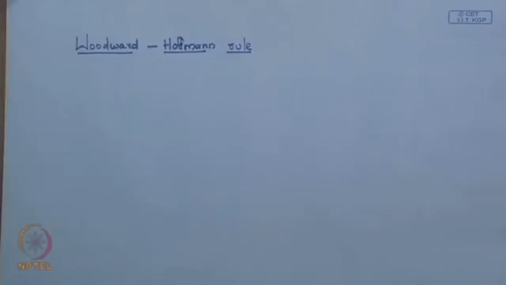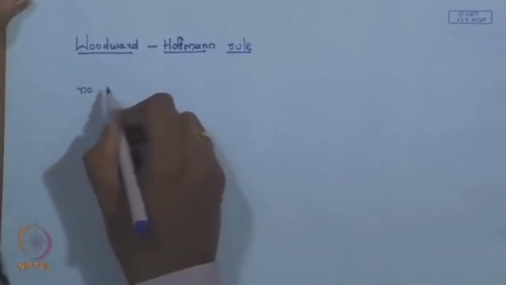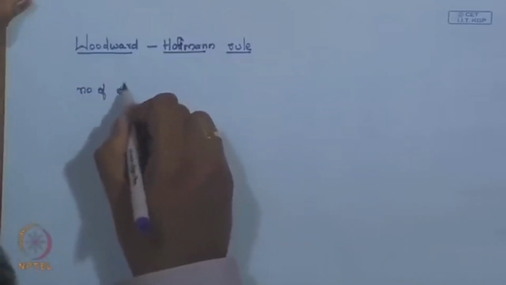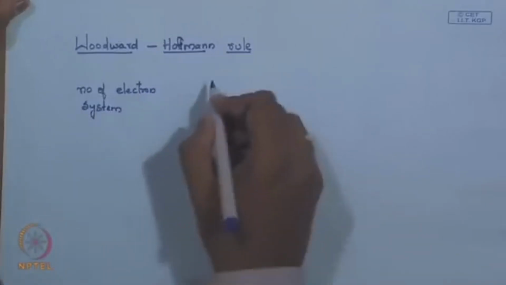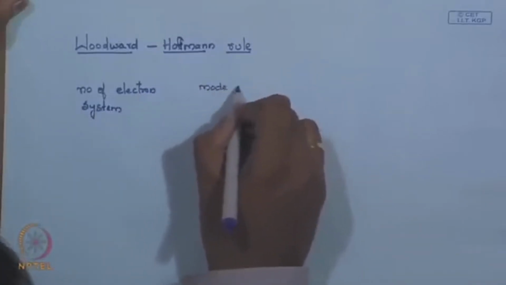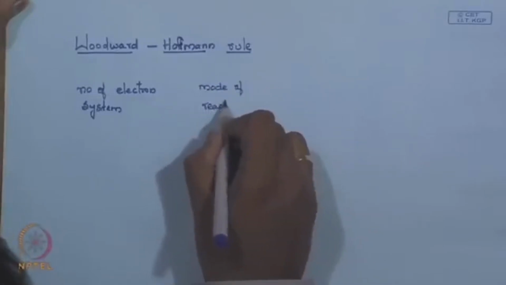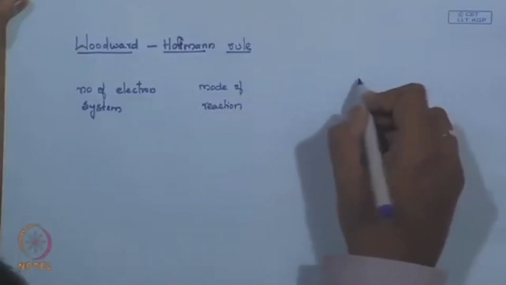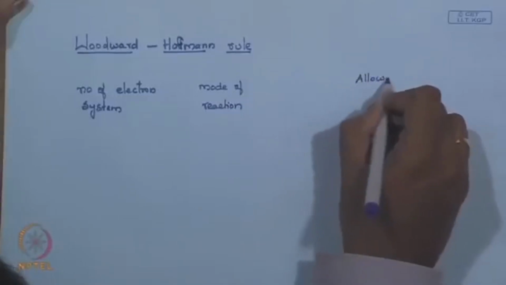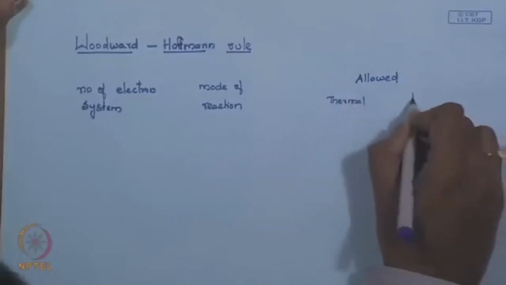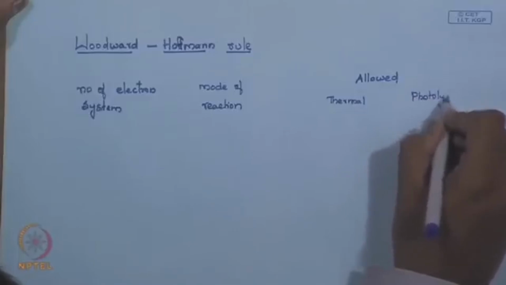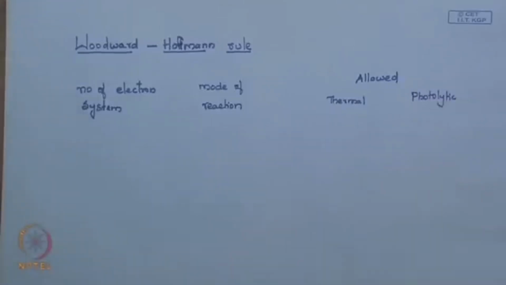You have to see the number of electrons in the system, and then just see the mode of reaction. Then you can always talk about whether this is allowed in thermal and photolytic. You can make a table like this.